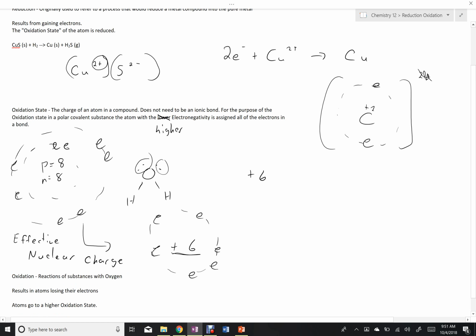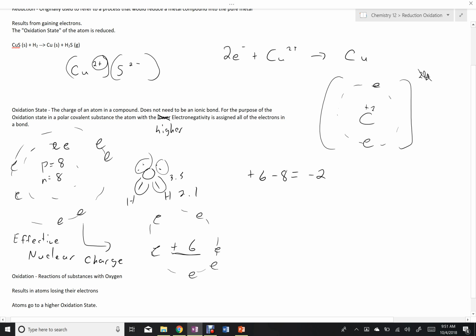But the electronegativity of oxygen is 3.5, and hydrogen is 2.1. So even though this does not classify as an ionic bond, for the sake of the oxidation number, we're going to give oxygen both of these electrons, and so it's going to get 2, 4, 6, 8 electrons, and its oxidation state is going to be -2. So that's what an oxidation state is.